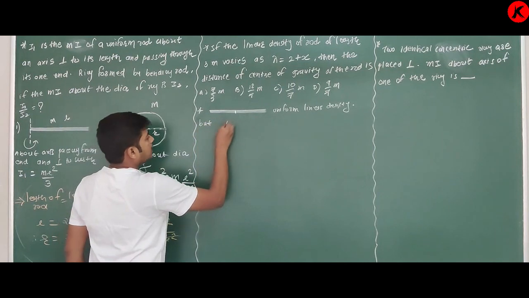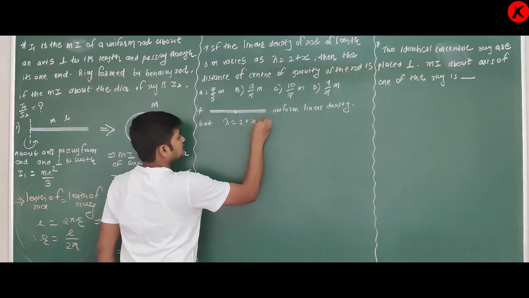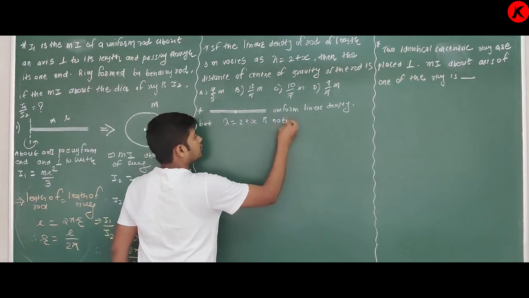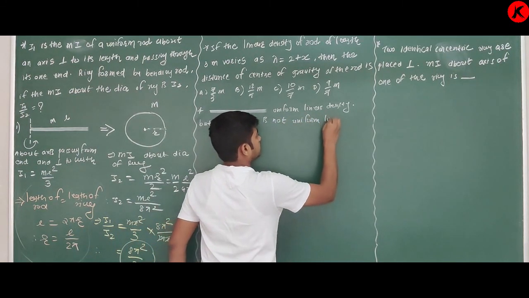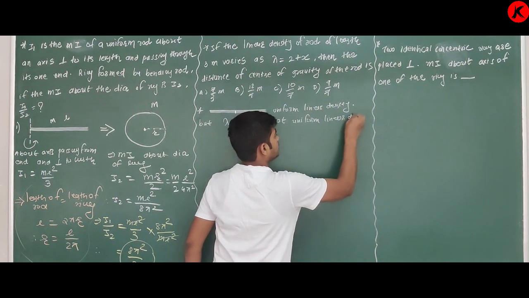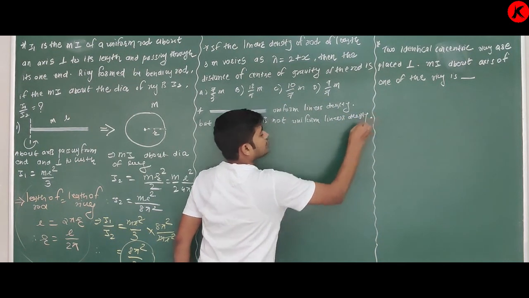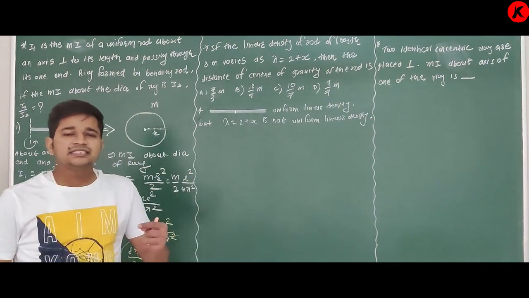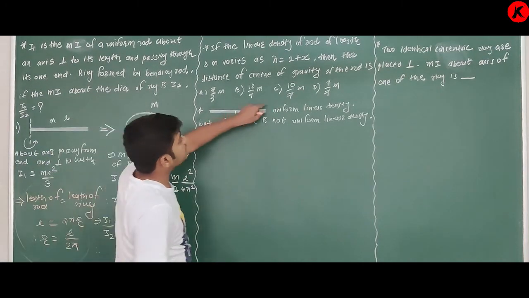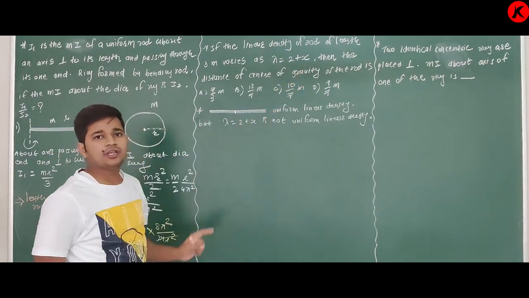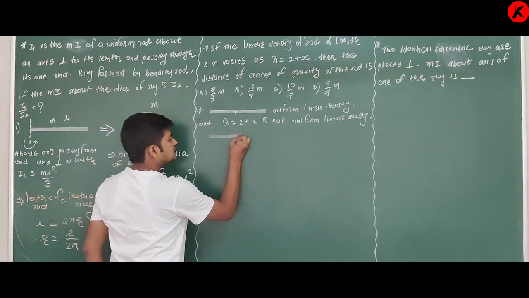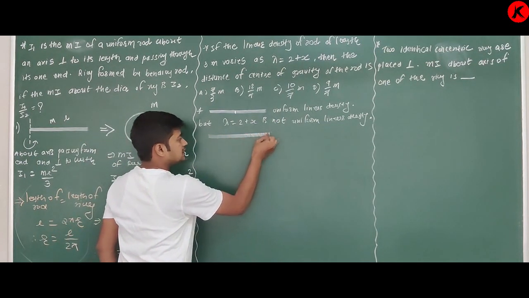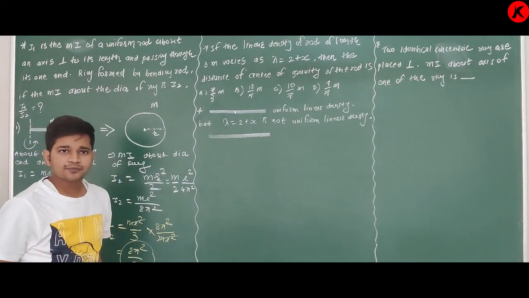But here lambda is equal to 2 plus x is not uniform linear density. It means as x increases, its density increases. Clear? Okay.